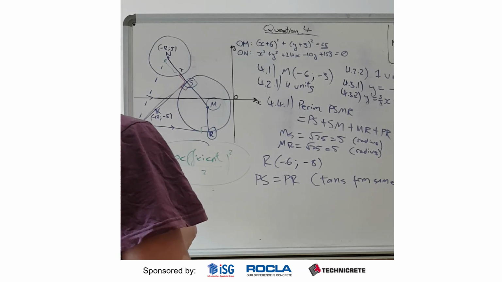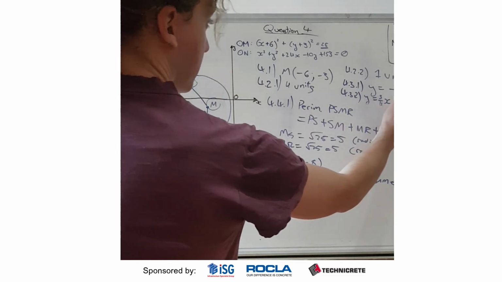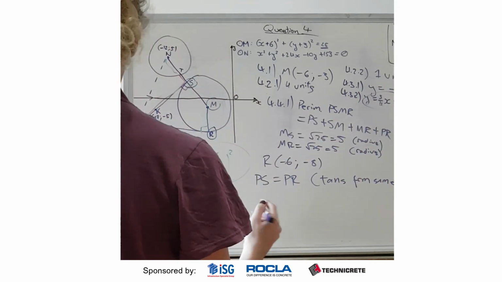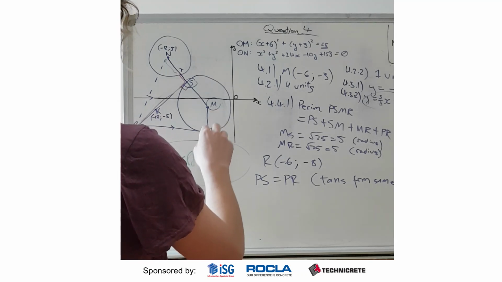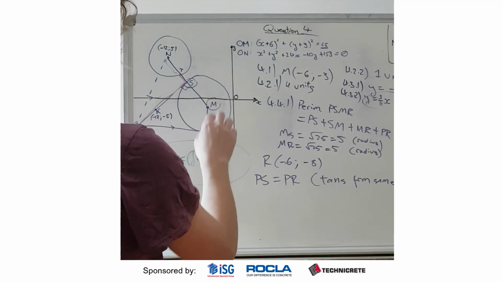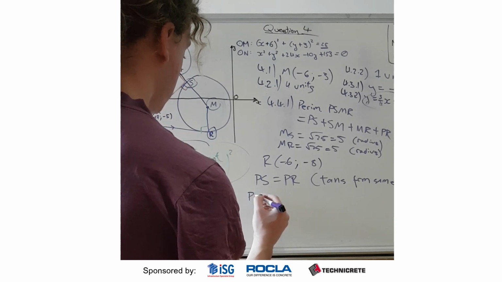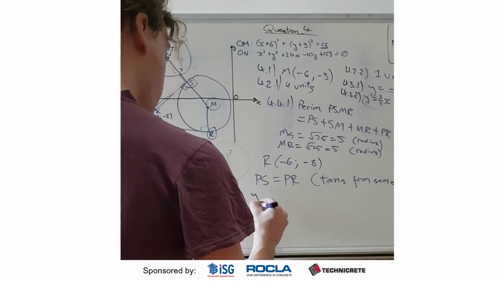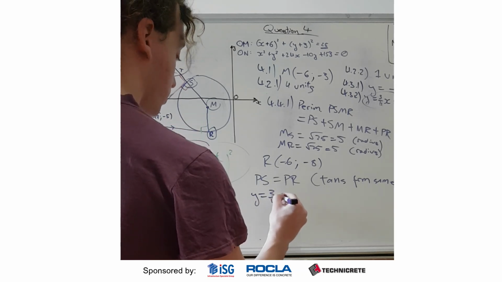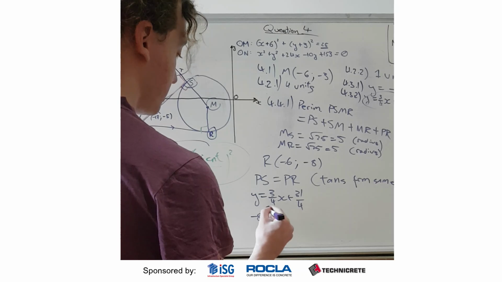Either will do. Let's find the location of P quickly. So P lies on this line that we've worked out right here, and we know its y value because it shares a y value with R. So, sorry, y equals 3 over 4 x plus 31 over 4. We know that y is -8.